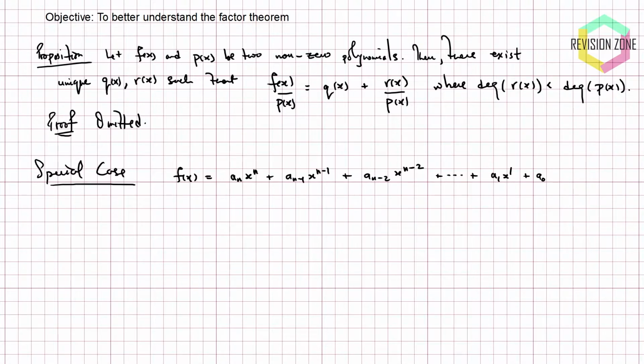We've got to say that a_n better not be 0, because if it's 0, then the polynomial is not really of order n, and we don't want to start with polynomials of a different order than what we think it is. And the a_i are real numbers, for i from 0 all the way to n. So that's our specific polynomial.